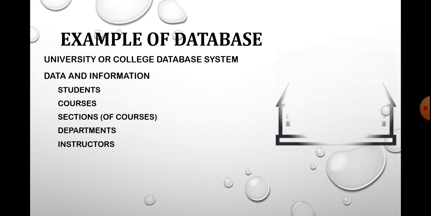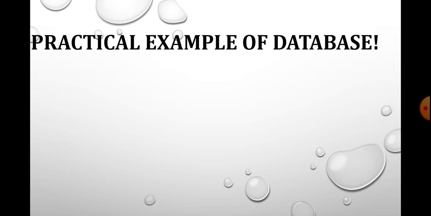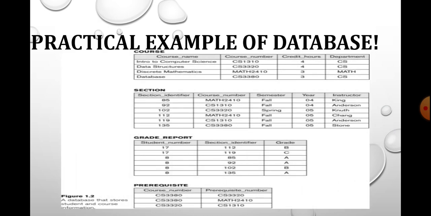So when I have to store and keep the records of the students, courses, sections, departments, and instructors, we will use a storage area in which we keep all the data and records, which is called the database system.